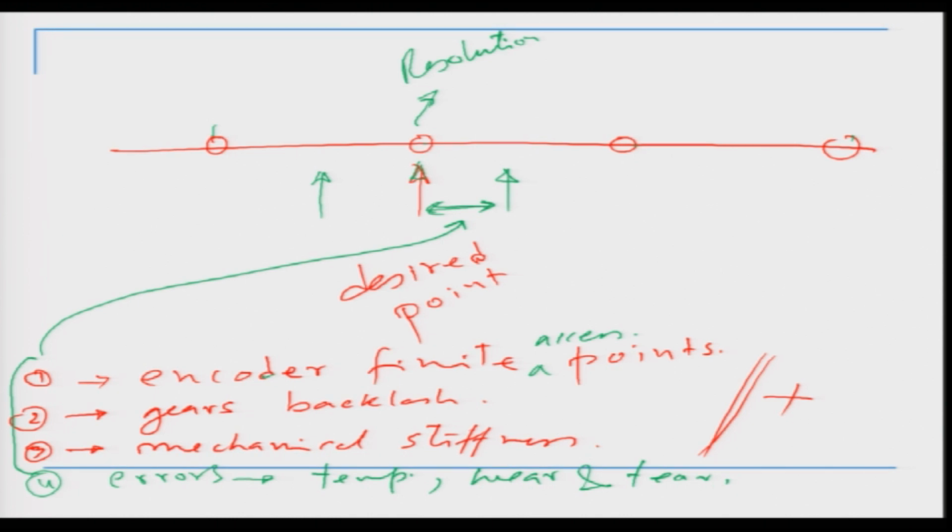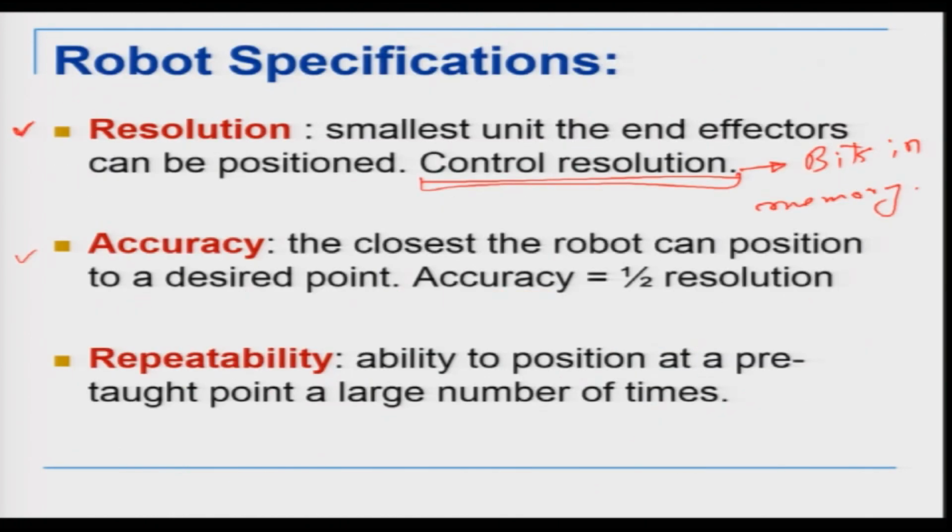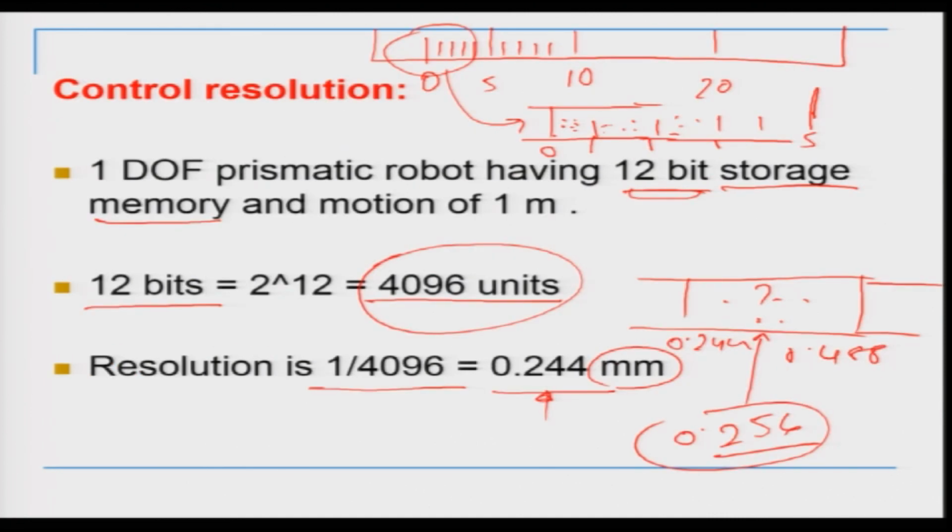So in the controller, if you want to go to this point, what will actually happen is you will end up at this point or you will end up at that point. Okay, so you will not exactly be able to go there, and that is what we call our accuracy. So the closest the robot can position to a desired point is called the accuracy of the system. Okay, the accuracy of the robotic system, and you should be aware of why it happens.